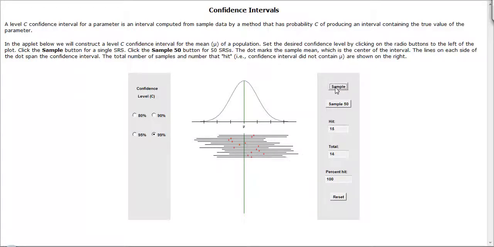And right now we have a good percentage of my samples hitting this mean line at 99%. And right now we've generated 30. I'll continue to generate.